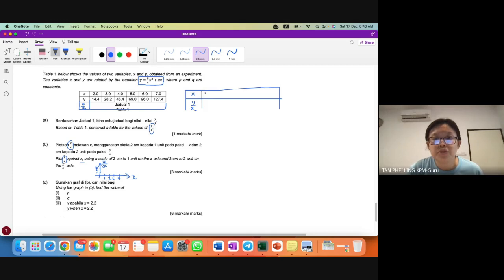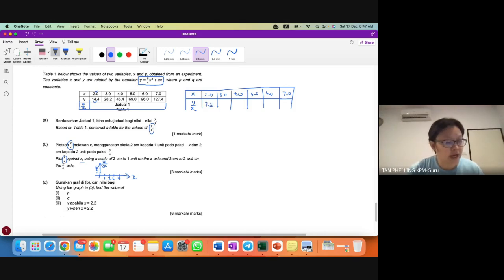So your x will be 2.0, 3.0, 4.0, and then 5.0, 6.0, and 7.0. So for y over x, just take this y divided by this x. Let's say this one you will get 7.2, right?